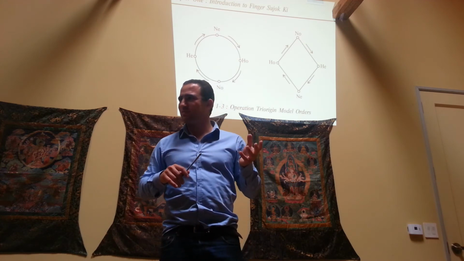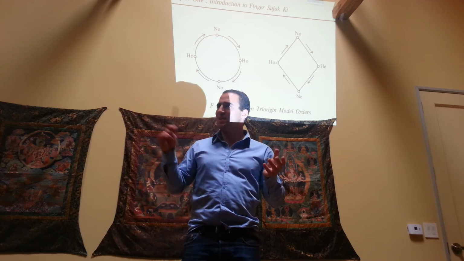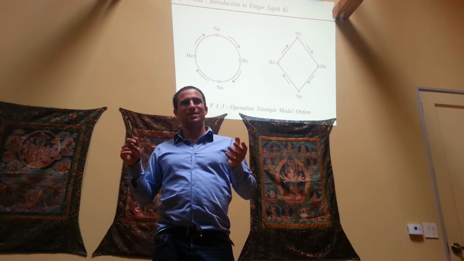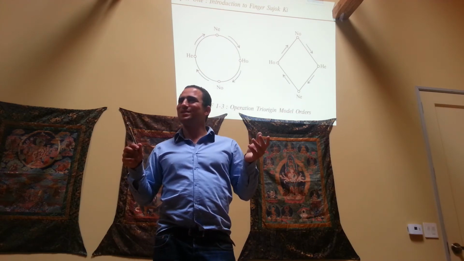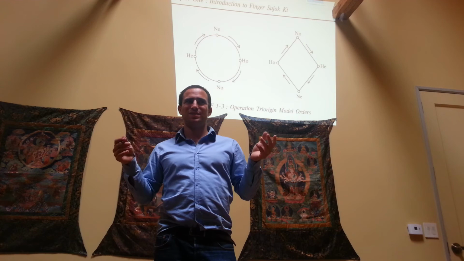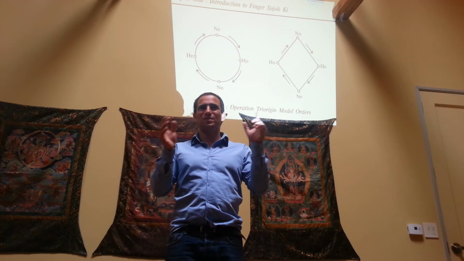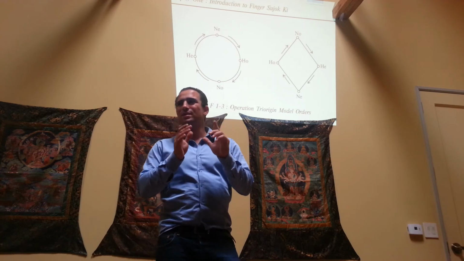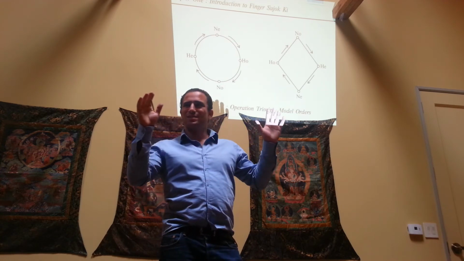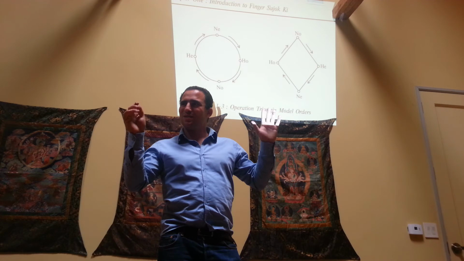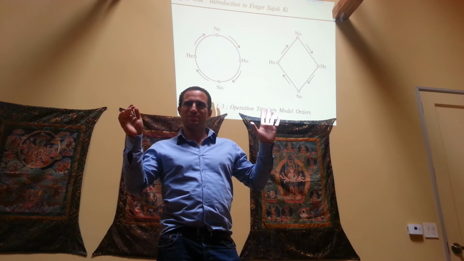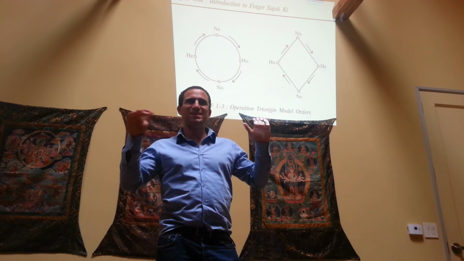Four oceans: the Indian Ocean, the Atlantic Ocean, the Pacific Ocean, and the Arctic Ocean. Indian Ocean is hetero, Atlantic is homo, colder, Pacific is neutral.